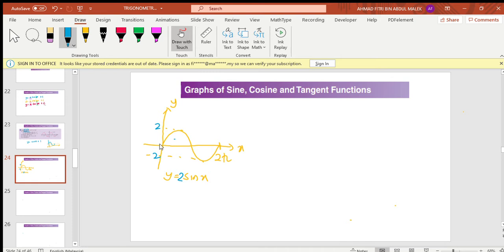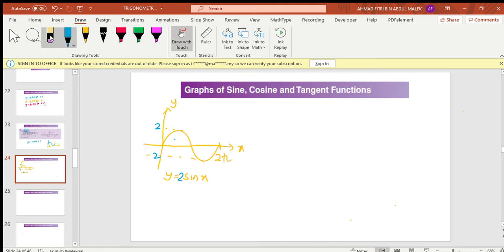But GeoGebra will draw it with correct scales; no need to worry. As I mentioned, it's just a sketch, so it does not need to be as accurate as possible. The most important thing is the shape, then you just label it.